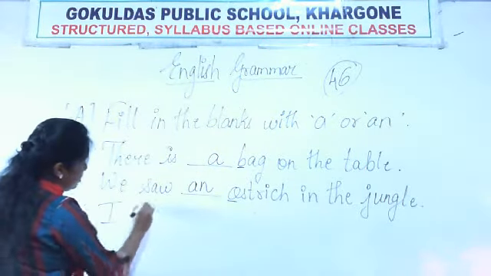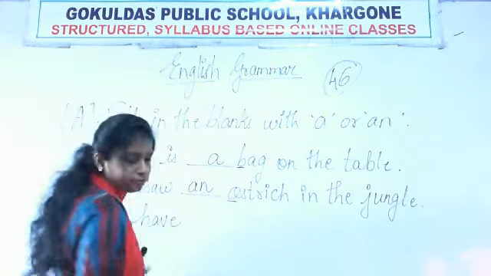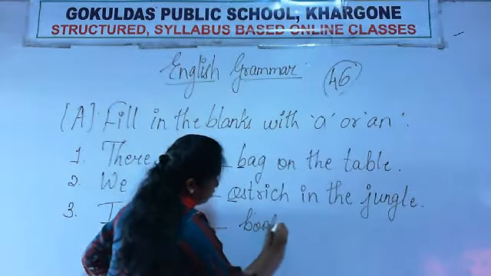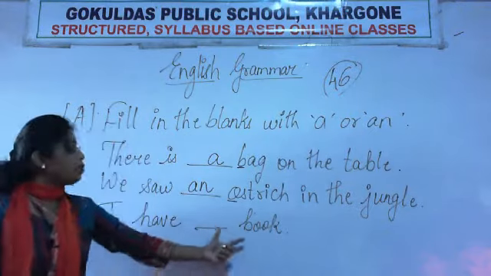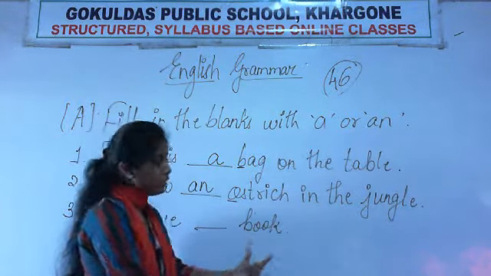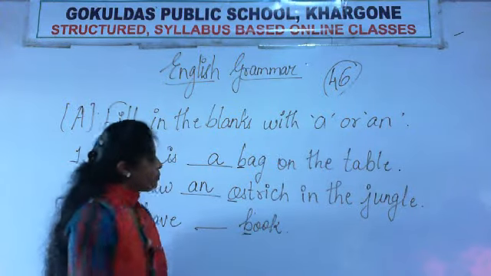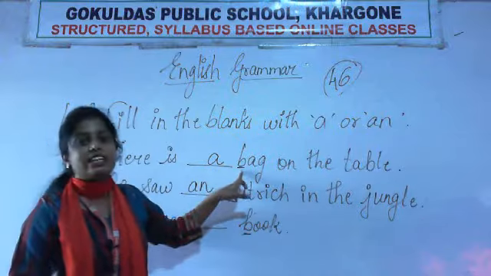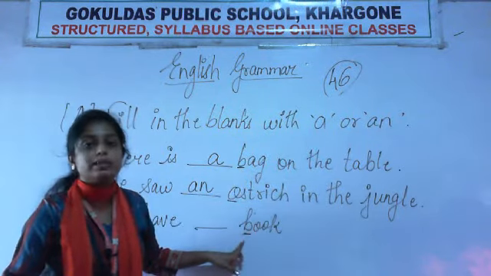Third sentence. I have dash book. Now what you have to do? You have to look at this word just after the blank. So here B. What is B? Is it a vowel or a consonant? इधर भी हमने B के साथ डील किया था, इधर भी B है. What is B?